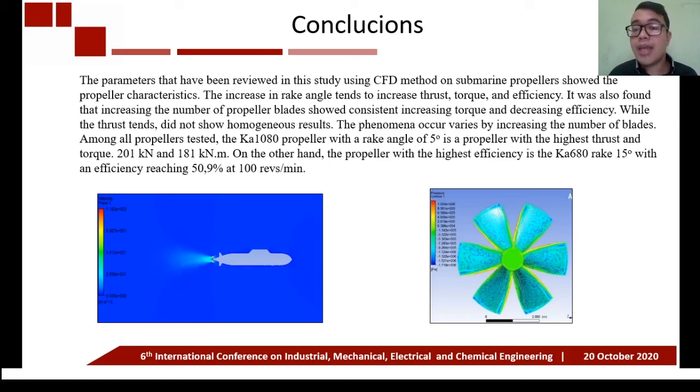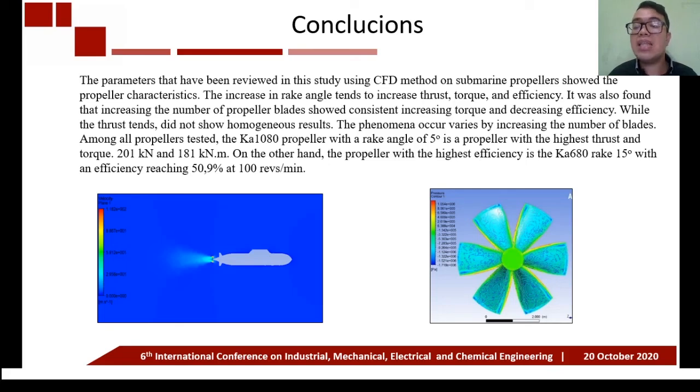The increase in rake angle tends to increase thrust, torque, and efficiency. It was also found that increasing the number of propeller blades showed consistently increasing torque and decreasing efficiency, while the thrust did not show a homogeneous result. The phenomena vary with increasing number of blades.